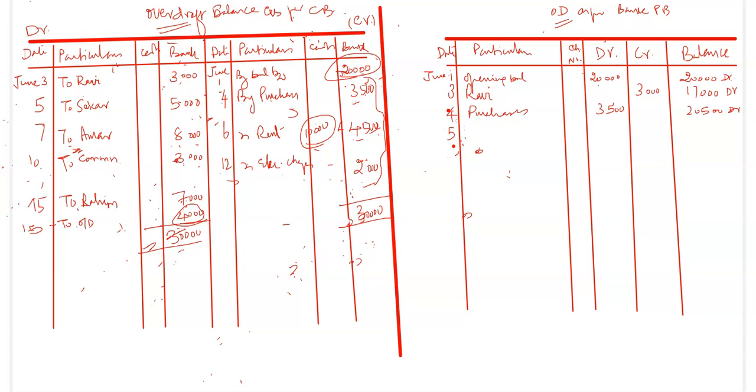So on 5th, you get a check from Shekhar for rupees 5,000. So this will reduce your OD from 20,500 to 15,500. Still it is OD.